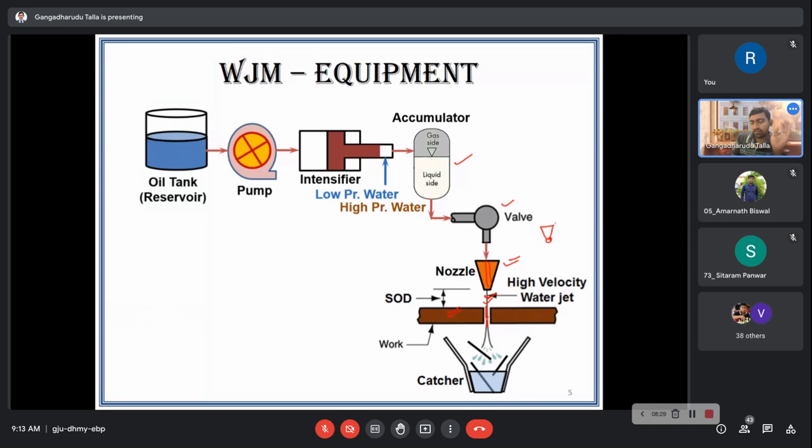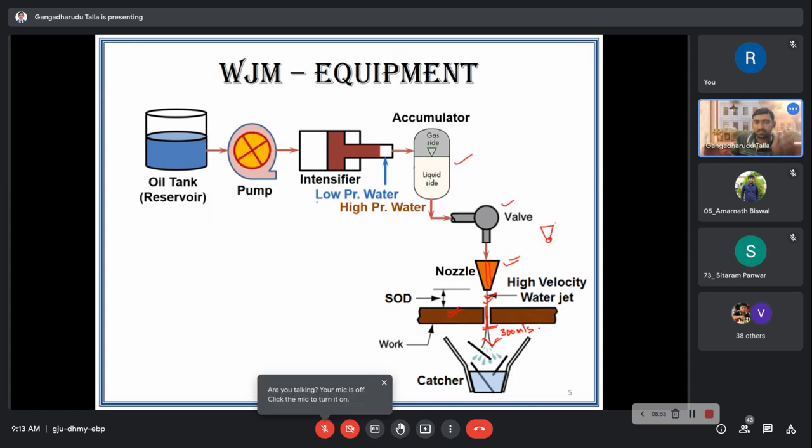If the velocity is 1400 meters per second, after cutting the workpiece maybe some 300 meters per second may be left for the jet. So if the water hits any other material with that velocity, erosion will take place again. To avoid that, we are carefully catching that water in a tank.